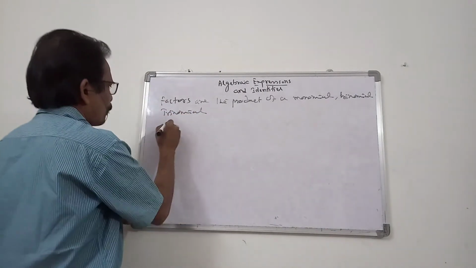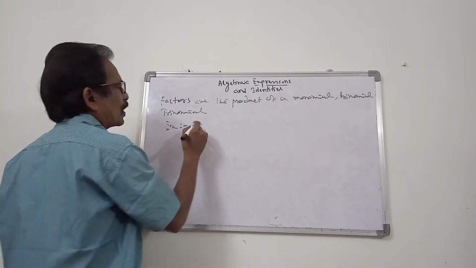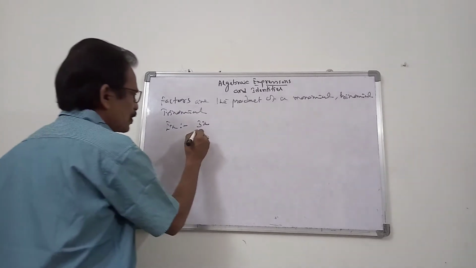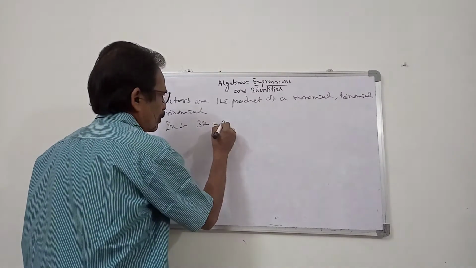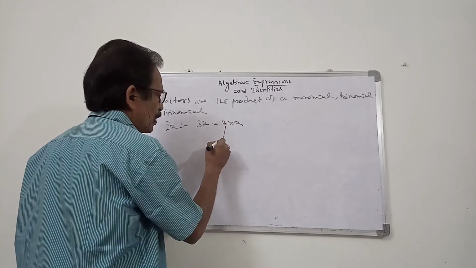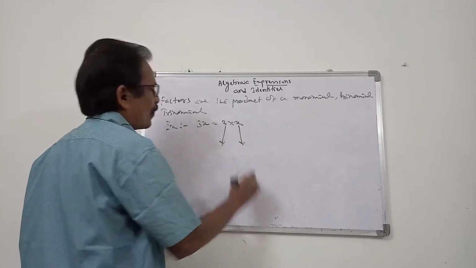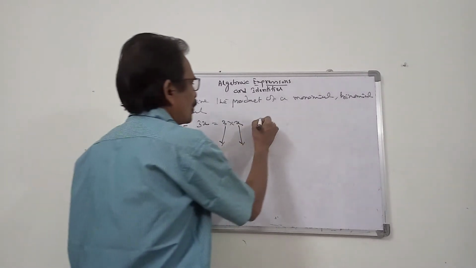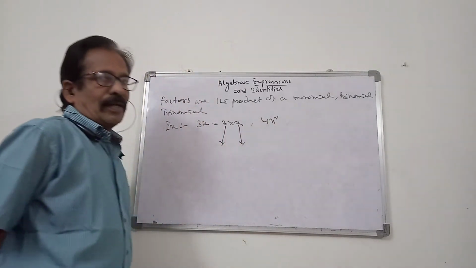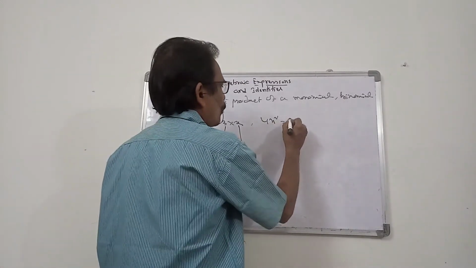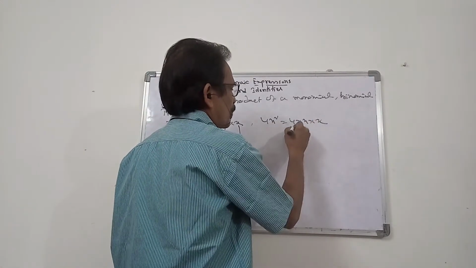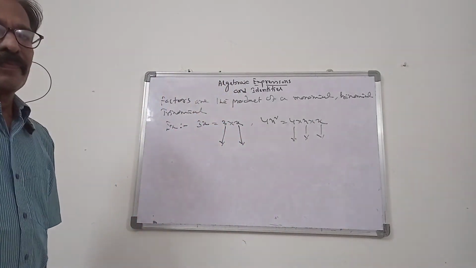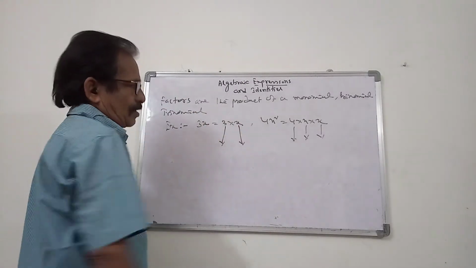For example, take 3x, a monomial. 3x means 3 into x, so 3 is a factor and x is also a factor. Suppose we take 4x square. The factors are 4 into x into x, so each of these is a factor.